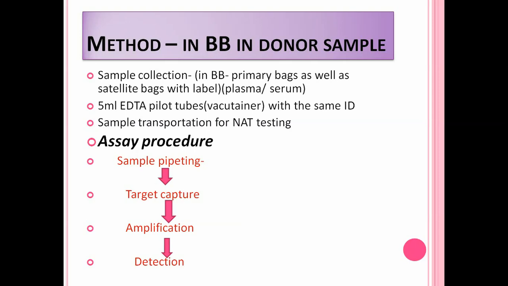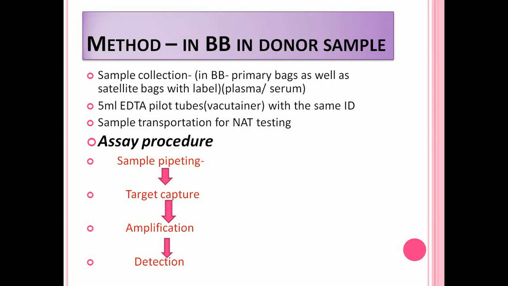Now let us see the method. Since we are talking about a blood bank sample, the sample here is our donor blood. Donor blood is collected in the blood bag. The blood bag may be the primary bag or satellite bag, and we also collect 5 ml of EDTA blood in a separate vacuum tube. All these three should have the same ID.